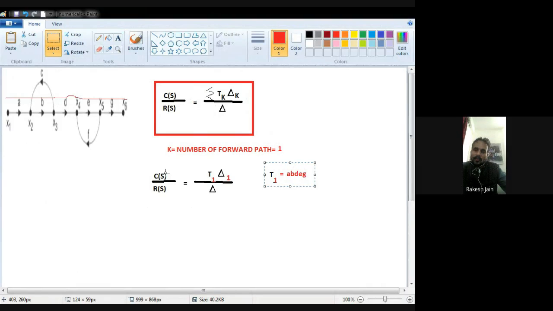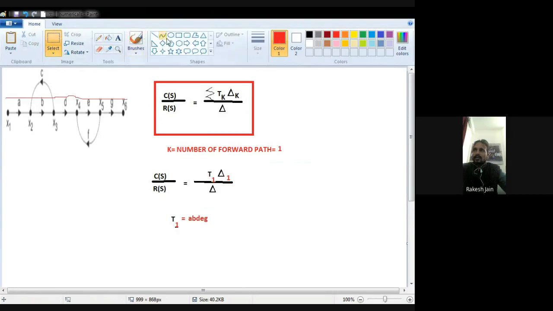So only T1 del 1 upon del. If K is 2, then what will be my formula? Cs upon Rs is equal to T1 del 1 plus T2 del 2 upon del. Then what will be my next step? Find out the value of forward path gain. So here only one forward path, so I find out the forward path gain A, B, D, E, G.